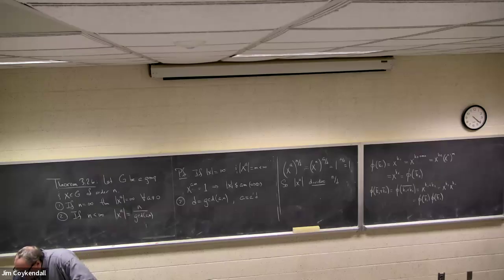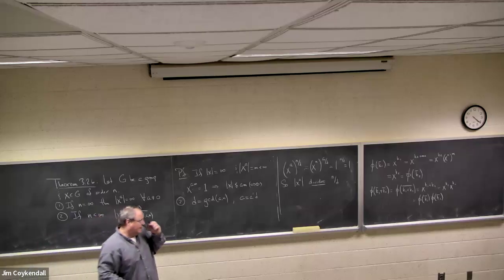Now we need to show it's the whole shebang. So now suppose that (x^a)^k = 1.